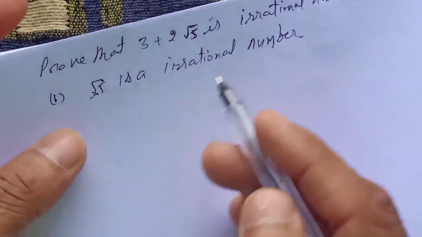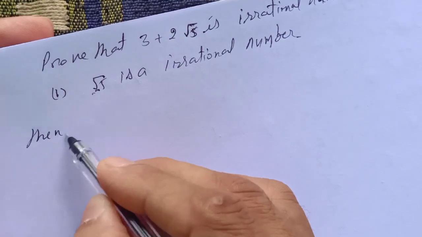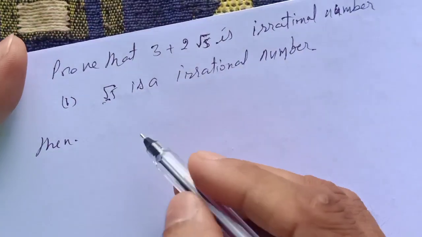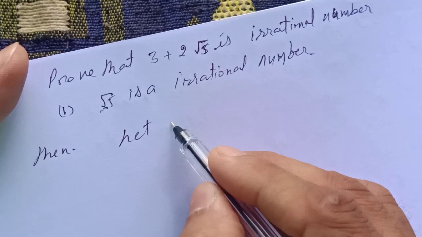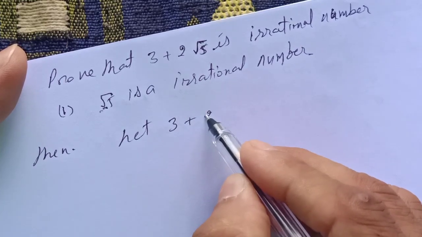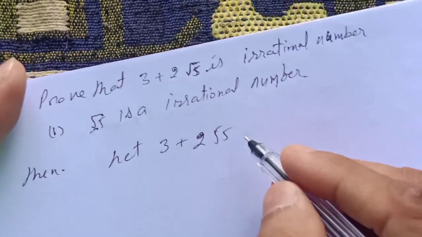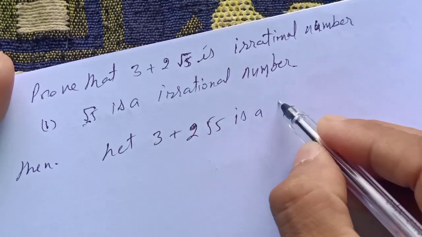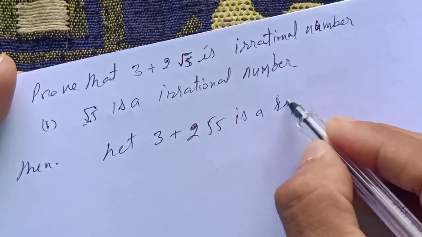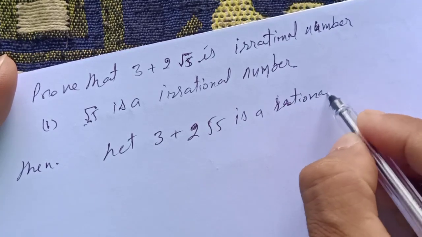After doing this complete solution, root 5 is an irrational number, then we move on. Let 3 plus 2 root 5 be a rational number.